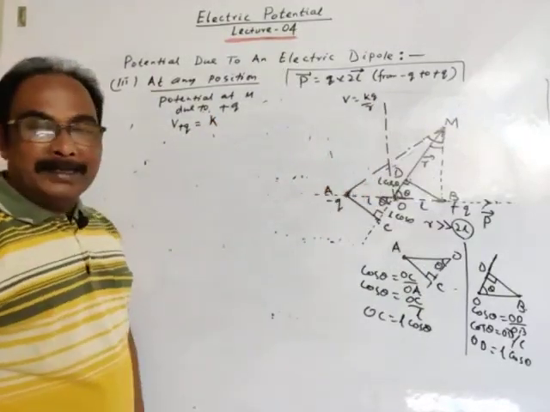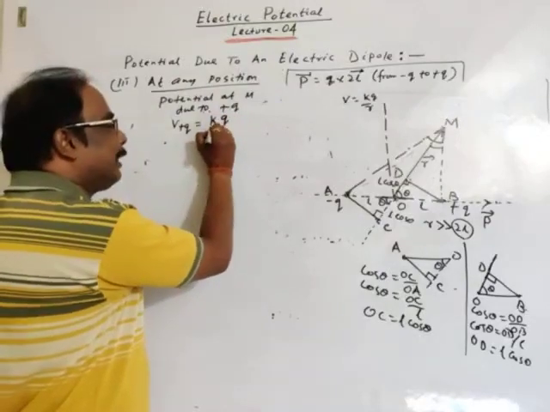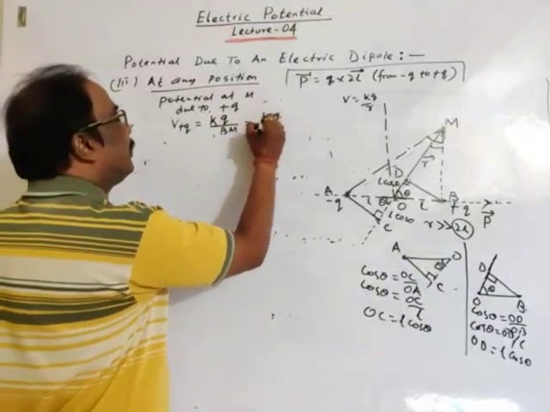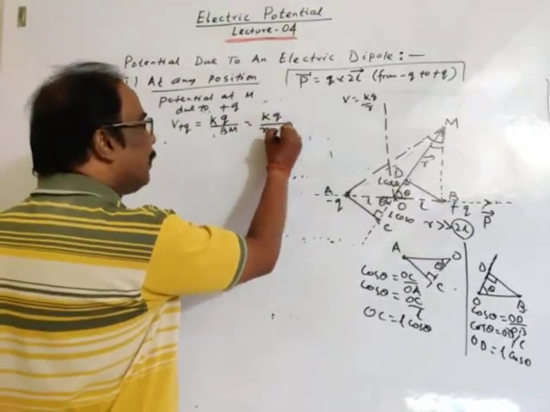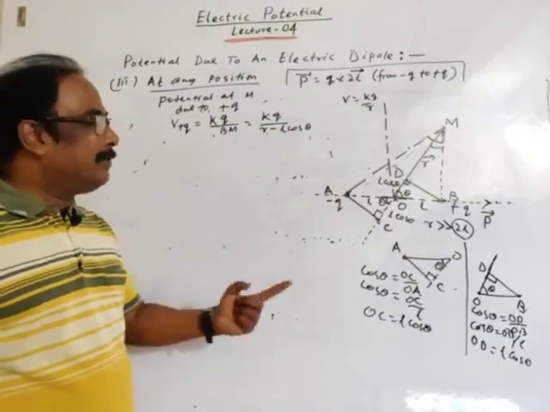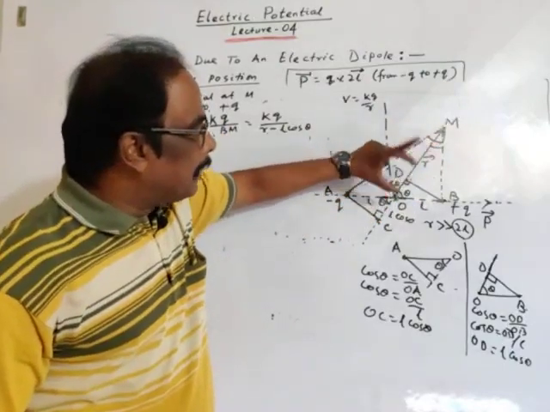Plus Q is a point charge, as we have discussed. Charge is positive, so kQ divided by distance BM, and this is equal to kQ divided by BM. BM is R minus L cos theta, as we have found it.